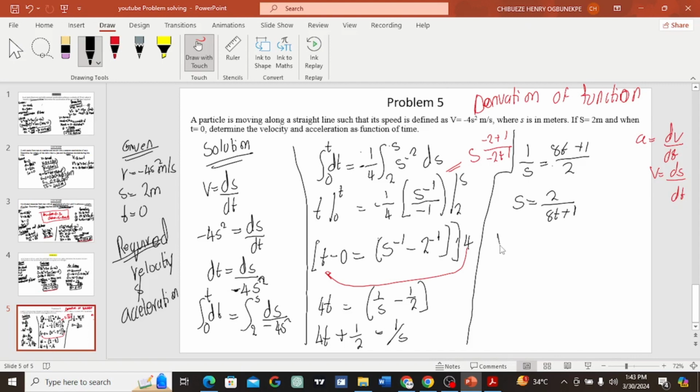From our given v equals negative 4s squared, where our s is 2 all over 8t plus 1.